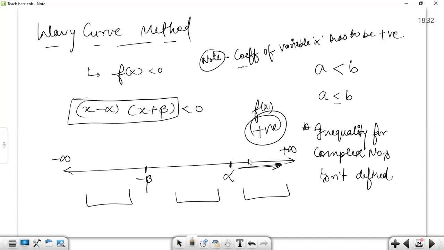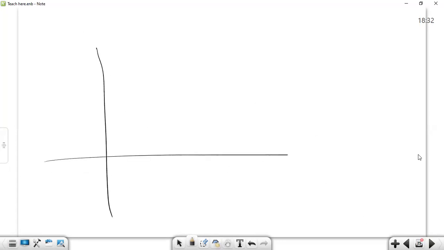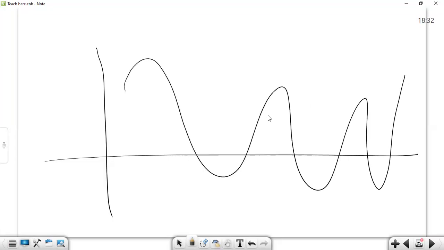Now understand one thing: on alpha and beta, whenever the function is becoming zero, it is mostly assumed that the sign changes. This is f of x, this is x.